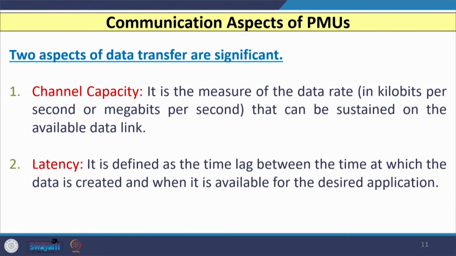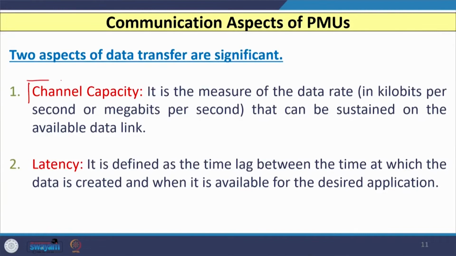Now, let us see how the communication aspect of the PMU can be achieved. Normally, when we consider the communication aspects in any phasor measurement unit, two aspects of data transfer are very significant. The first aspect is related to the channel capacity.